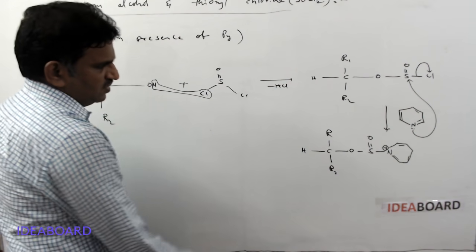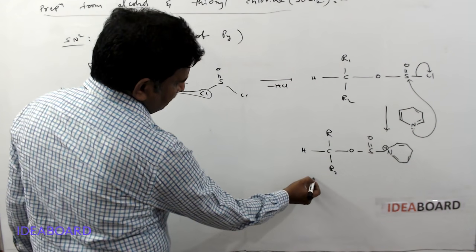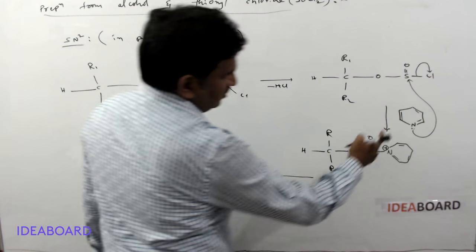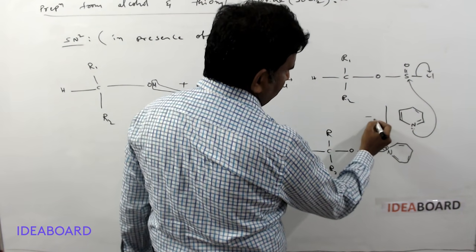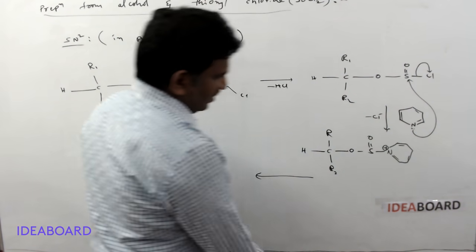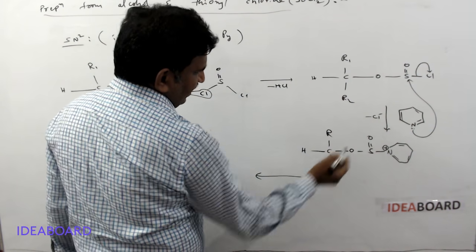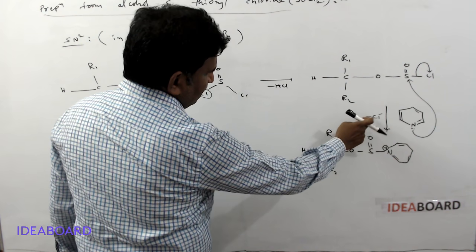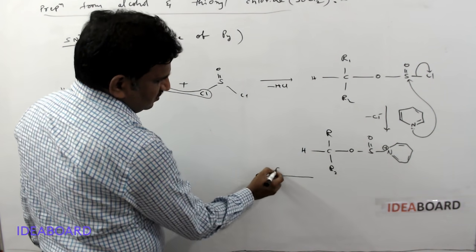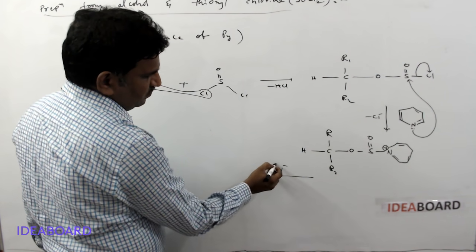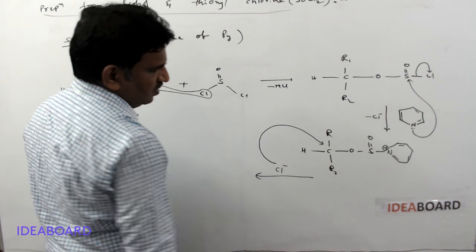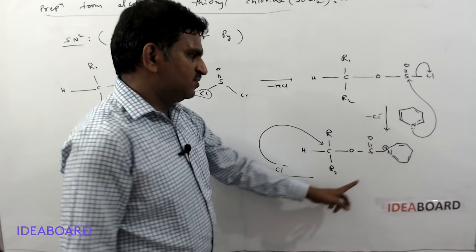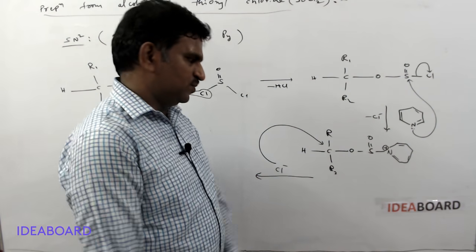In the next step, Cl minus is removed, and that Cl minus now attacks from the back side, not from the front side, because on the front side we have bigger groups.